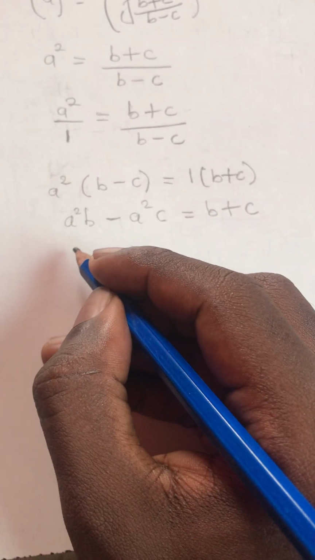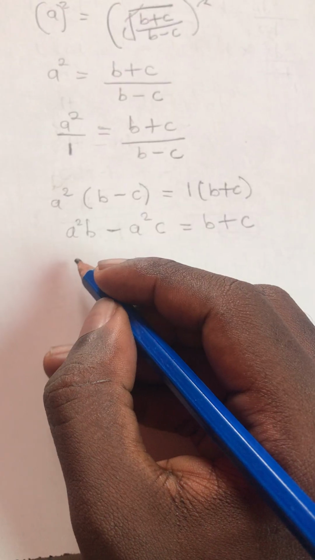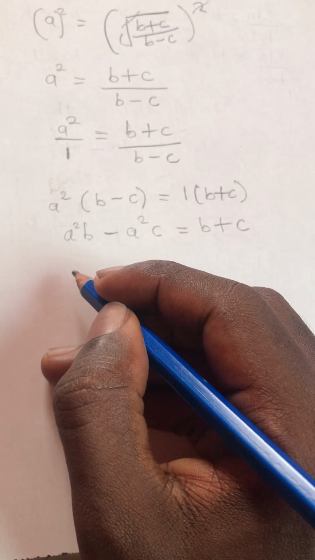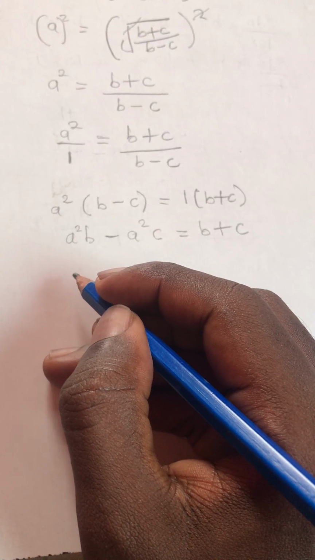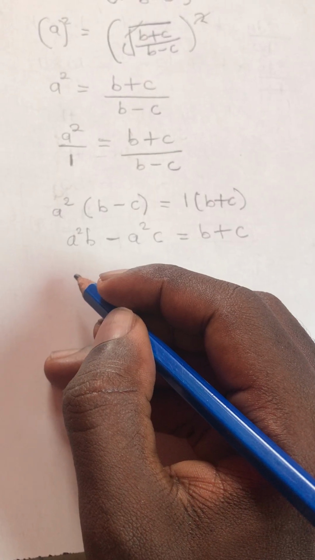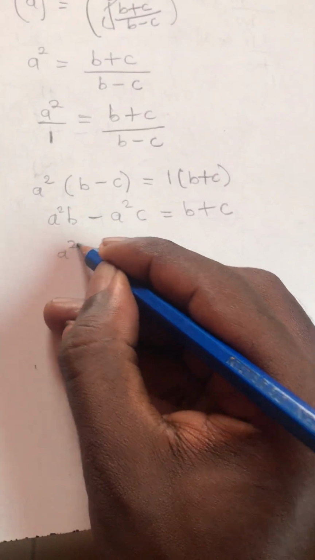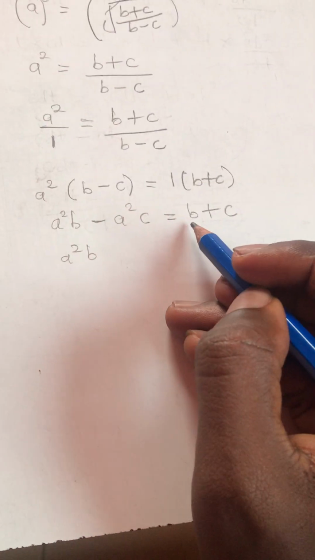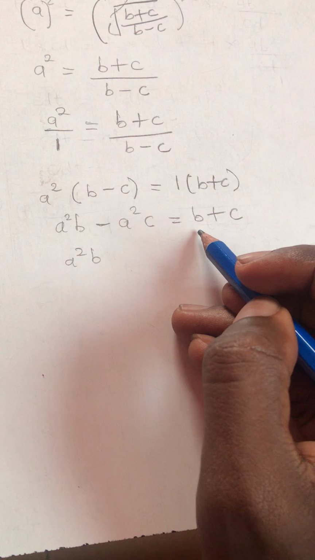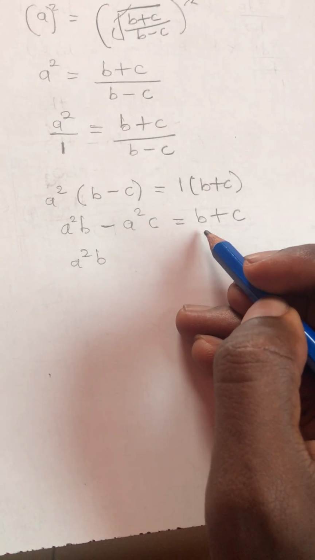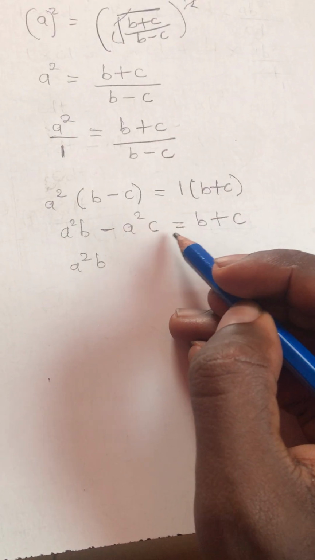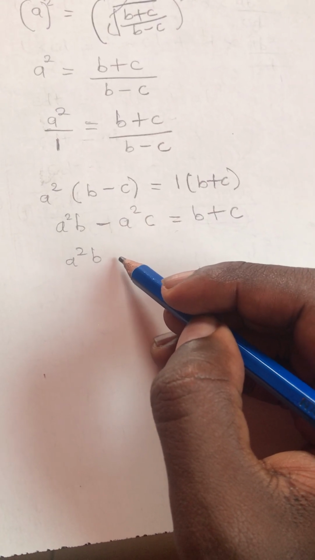Those terms with common variables which contain c will be grouped at one side, and those without will be grouped at the other side. So we have a squared b. The b on the right hand side of the equation is a positive b, and it doesn't contain any c, so we have to move it across the equal to sign to join a squared b.